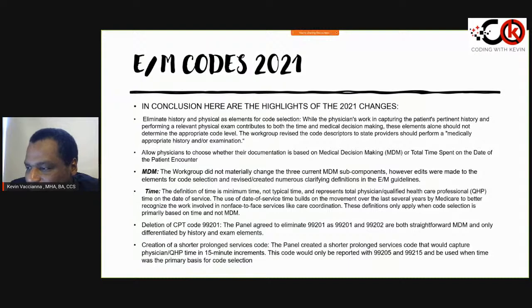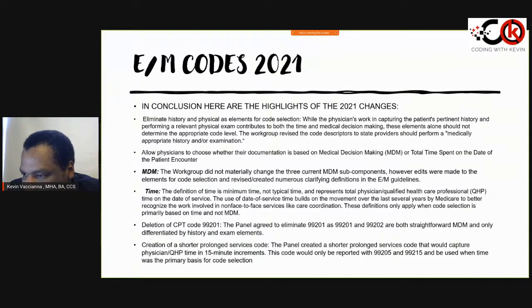The use of date of service time builds on the movement over the last several years by Medicare to better recognize the work involved in non-face-to-face services like care coordination. These definitions only apply when code selection is primarily based on time and not MDM.